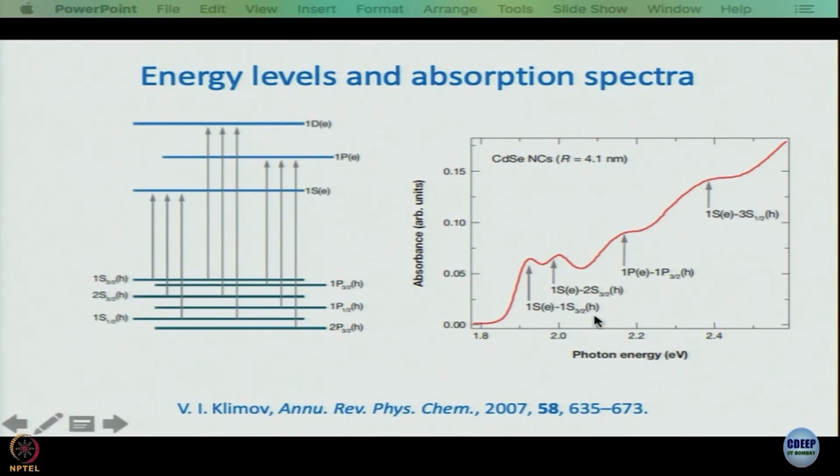And if you do a good experiment, if you have uniform nanoparticles and if the absorption spectrum is recorded properly, then one can see features like this, which are very easy to miss, because in any case there is a scattering background that is there. But different excitations can take place at energies higher than the band gap as well.